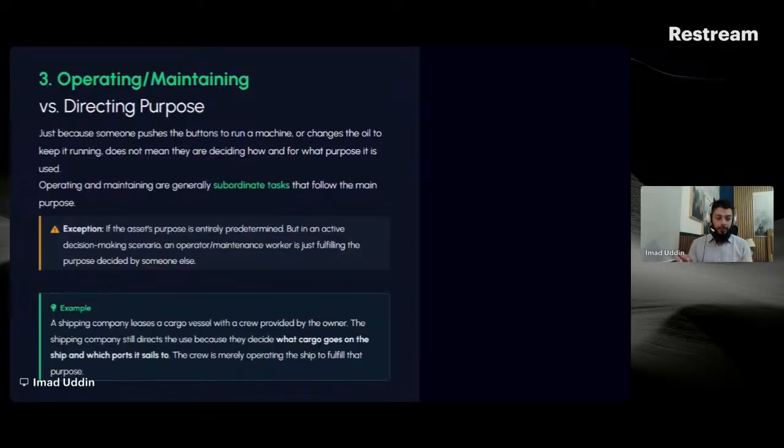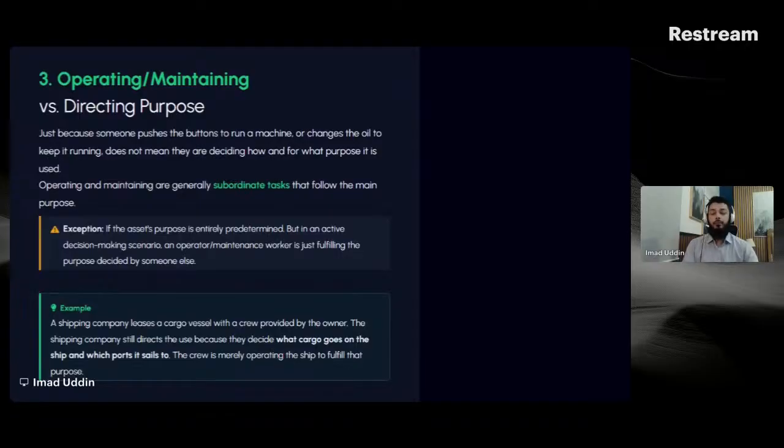The crew is the staff of the owner, but the crew is only operating the ship to fulfill that purpose. It's not controlling whether and for what purpose the vessel should be used, and therefore the lessee, the shipping company, has the right to use the asset, not the crew, the owner, right?